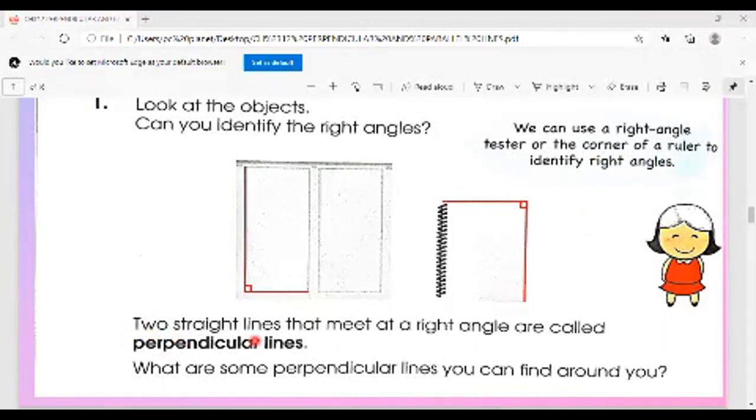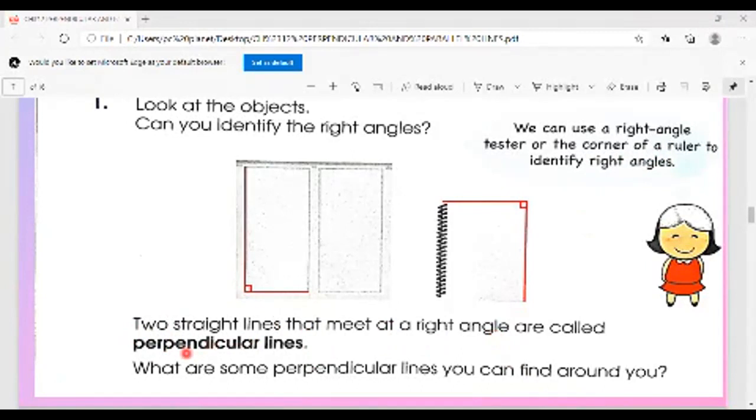Now my boys, eyes on the screen, because it's time to learn these two lines. When two straight lines meet at a right angle, they are called perpendicular lines. See, this is the same definition that we read for the right angle, but over here at this point, you learned that when two straight lines meet and make an angle of 90, they are called a right angle.